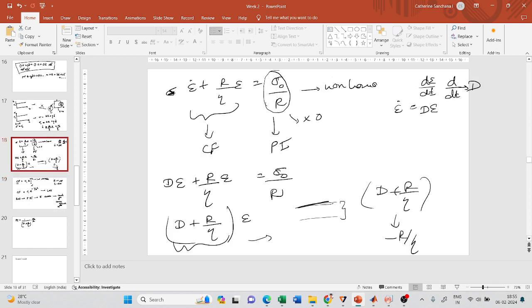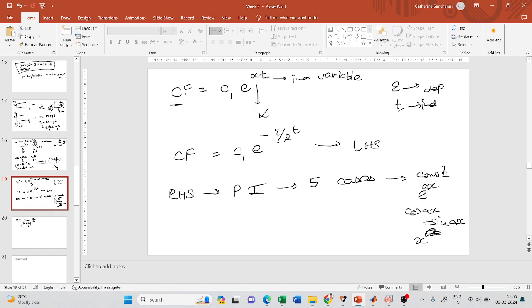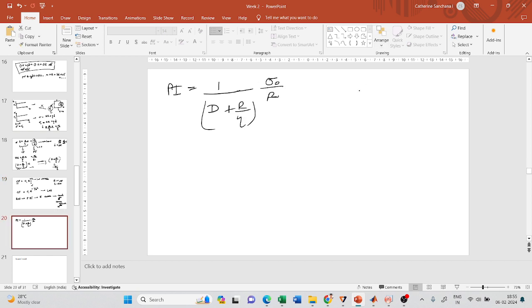When the right hand side is a constant value, there are different ways of solving it. Let us say some left hand side is there and the right hand side is sigma naught by r for us.